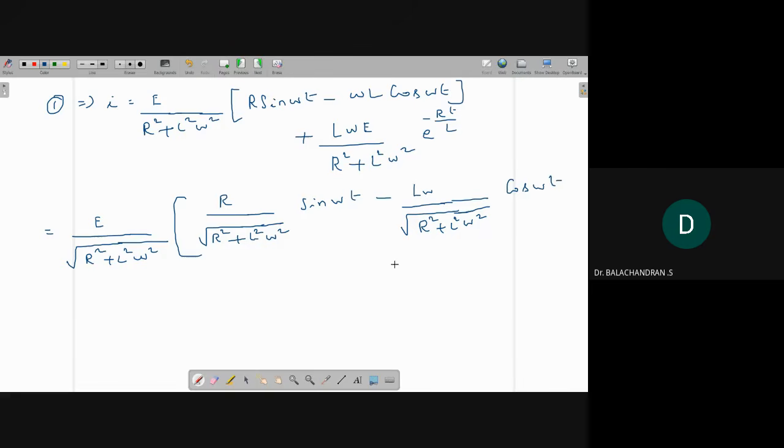Okay, plus, this is common for everything. The numerator is L omega. I take E commonly divided by root of R square plus L square omega square into e power minus RT divided by L.